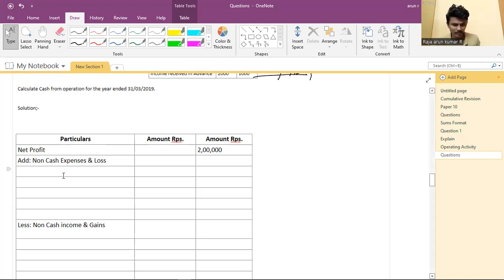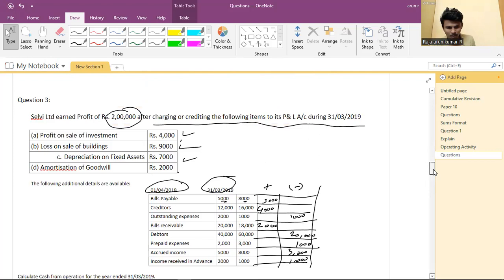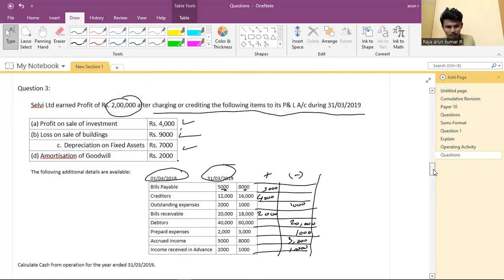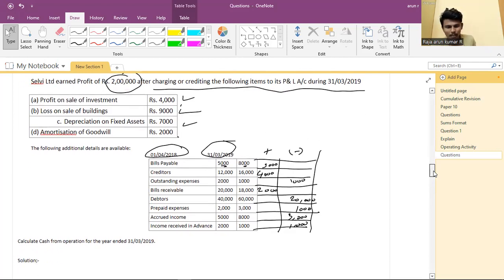First, what we do, see the question. Profit on sale of investment, that we can less. Loss on sale of building, we can add. Depreciation of fixed asset, add it. Amortization of goodwill, add it.